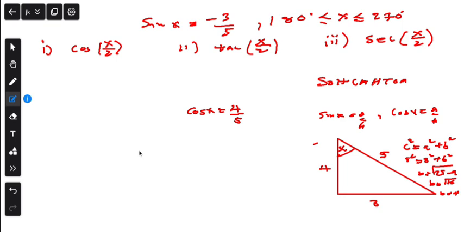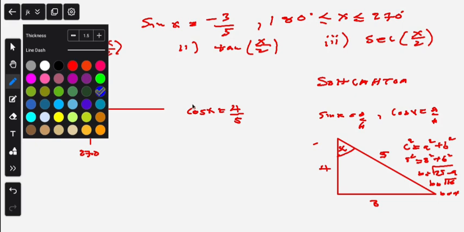Now, according to the range which they have given us here, we are starting from 180 to 270. That is very, very important also to consider. The range is from 180, which is here, to 270, meaning this is in the third quadrant. So what happens to cos in the third quadrant? It is negative.